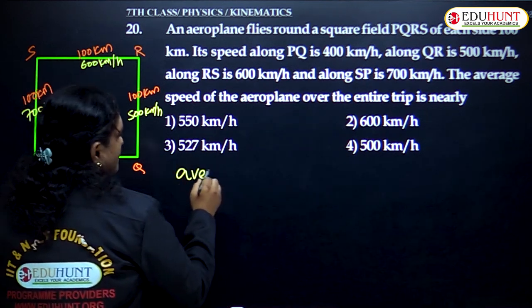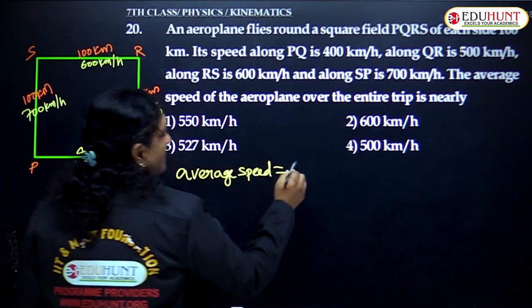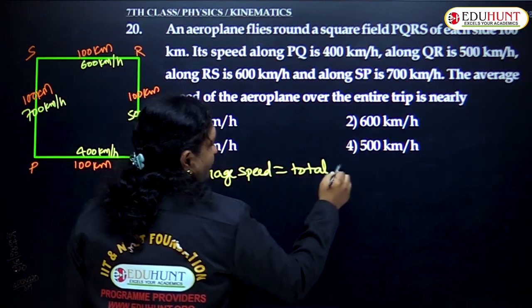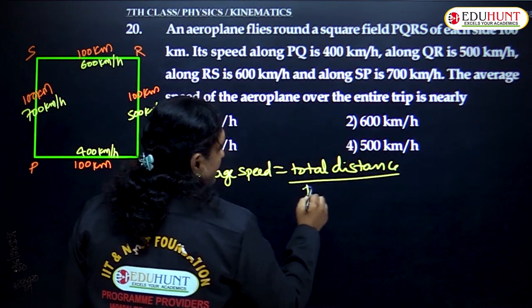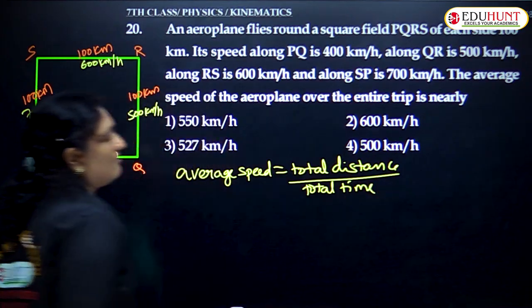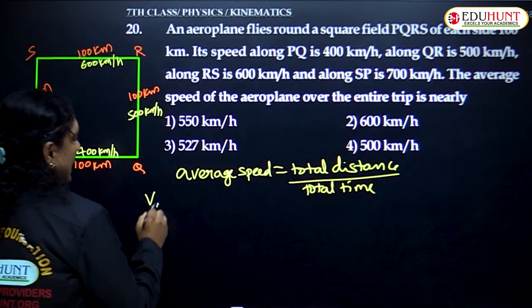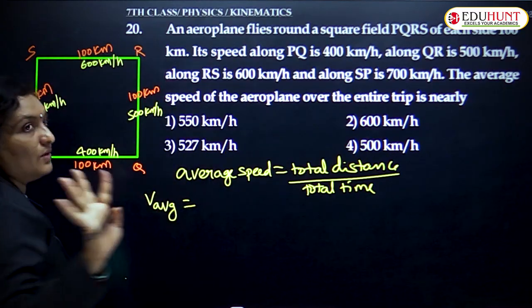So children, as usual, the average speed is nothing but total distance by total time. But instead of time, you will be converting in terms of time equals distance by speed. So V average is equal to total distance. How many distances? Four different distances.